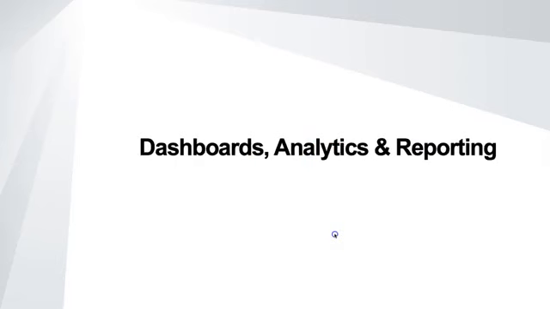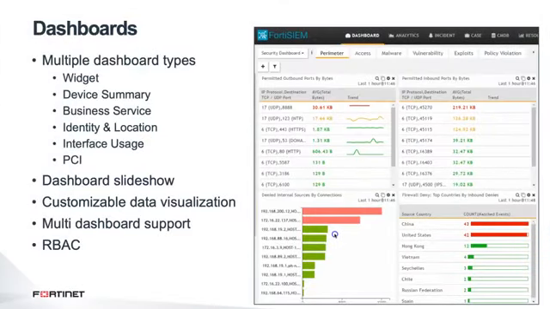So now we'll have a quick look at dashboards, the analytics and reporting. There are many out-of-the-box dashboards within FortiSIEM. So you could be looking at something called a security dashboard and understanding your perimeter, so your border devices and the flow of traffic across those.